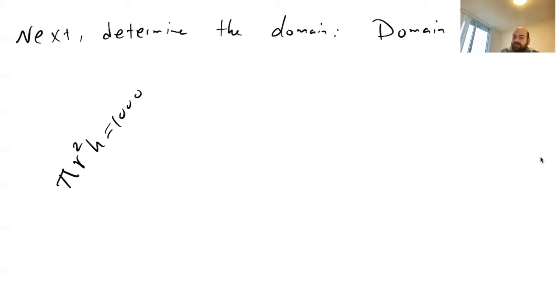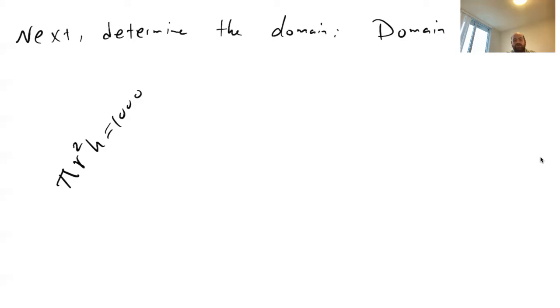Similarly, if r is very big, let's say 10,000 or 1 million, then that's still okay because I can choose h small enough so that pi r squared h is 1000. If r is 1 million, then pi times 1 million squared times some number is still 1000. Just choose that number accordingly. So still it is possible. So there is no maximum for r.